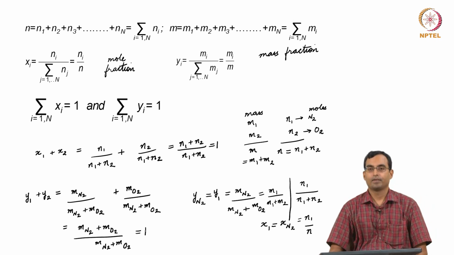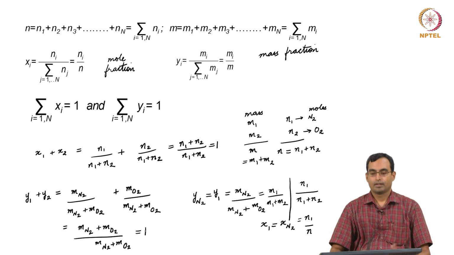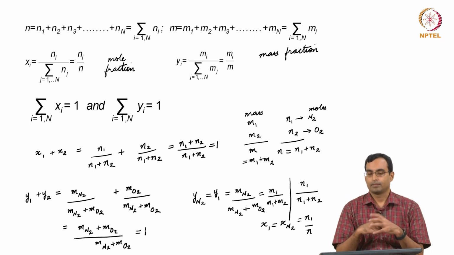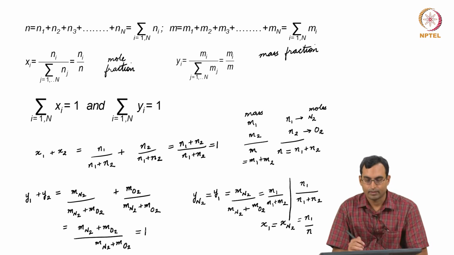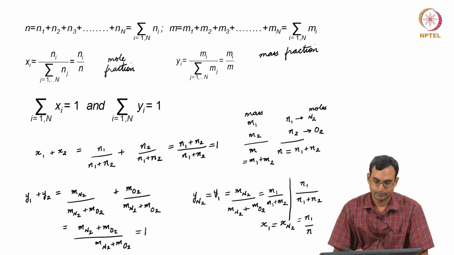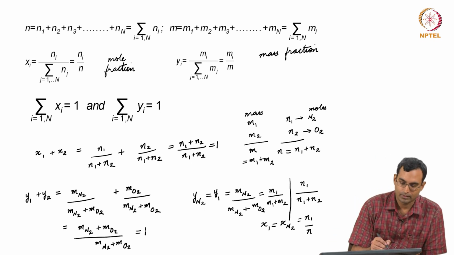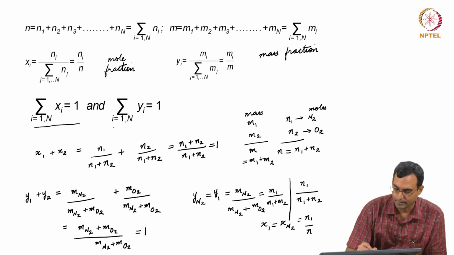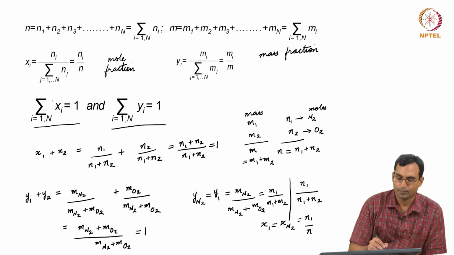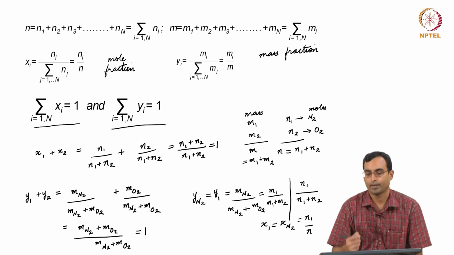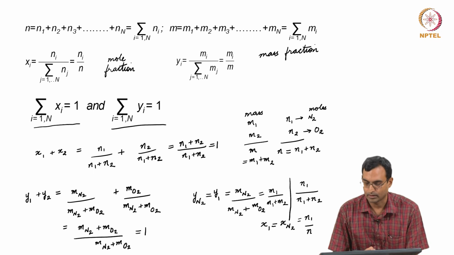So, we see that if we sum up all the mole fractions of all the components in the mixture, or if we sum up the mass fractions of all the components in the mixture, the sum is 1. Mathematically, if you sum up all the mole fractions you get 1, if you sum up all the mass fractions you again get 1.